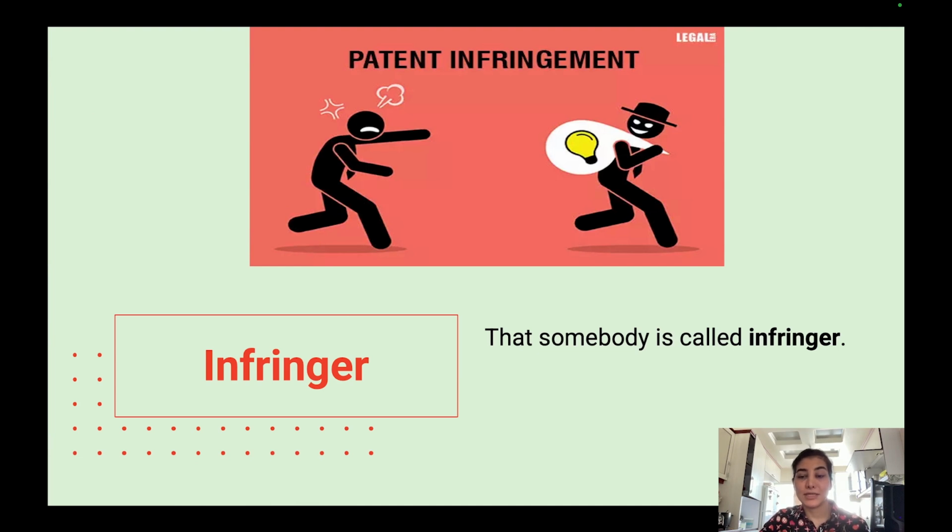The person using another brand for the same or similar products or services is called an infringer. So an infringer does something wrong, which is using another brand for similar or the same products.